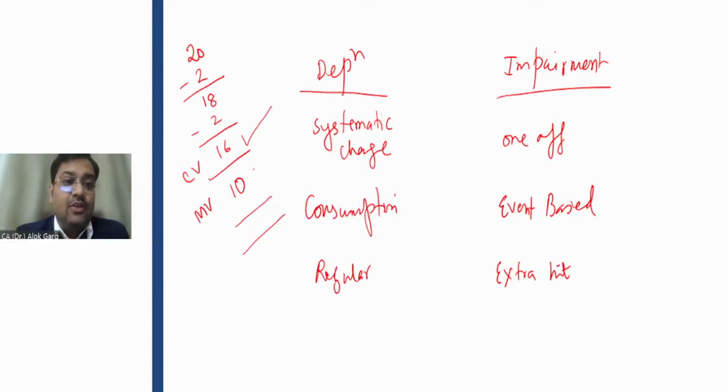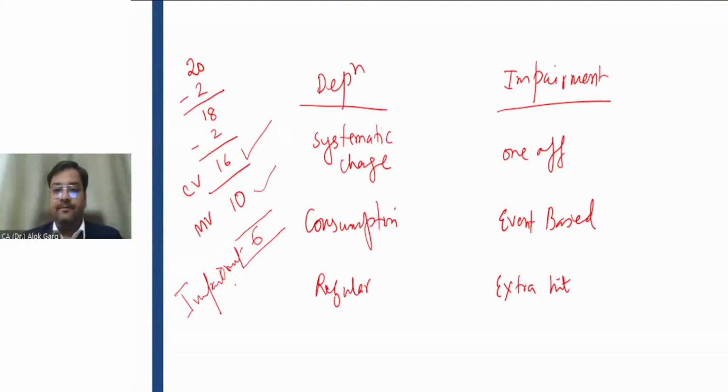In this case, your fair value is lower than your carrying value, and hence 6 lakh rupees is your impairment loss, right? I hope it is clear to everyone.